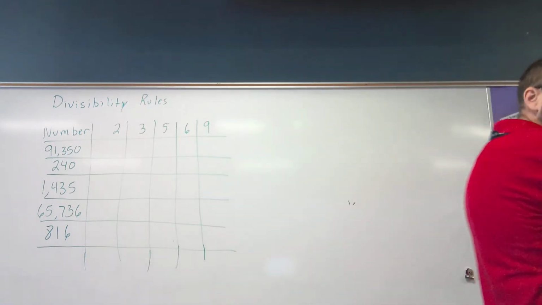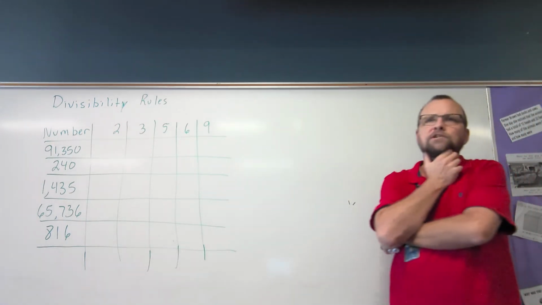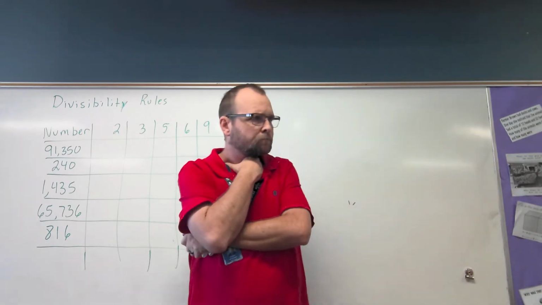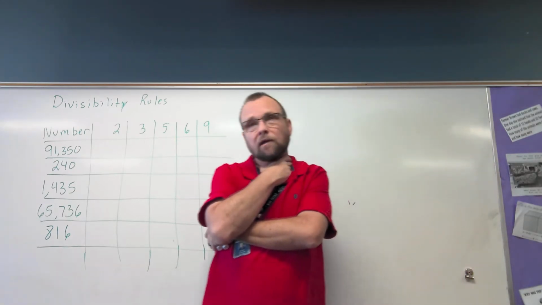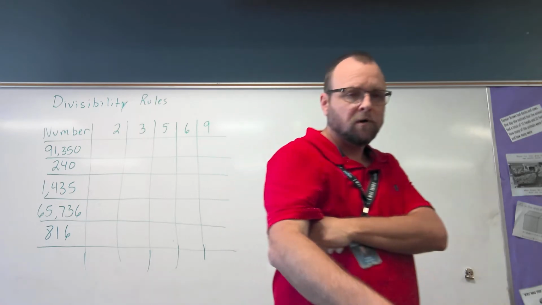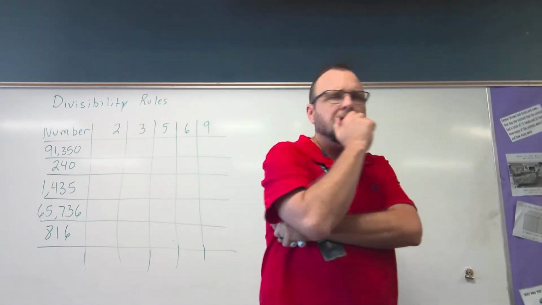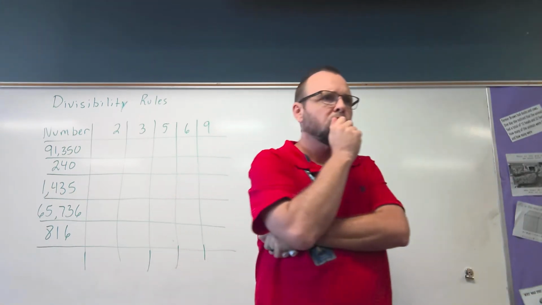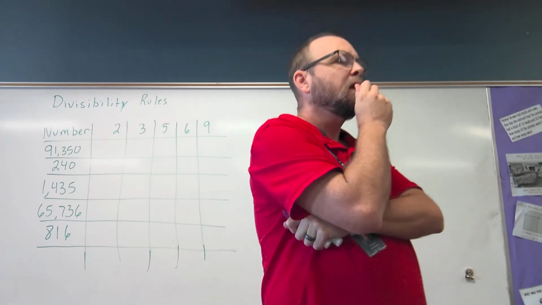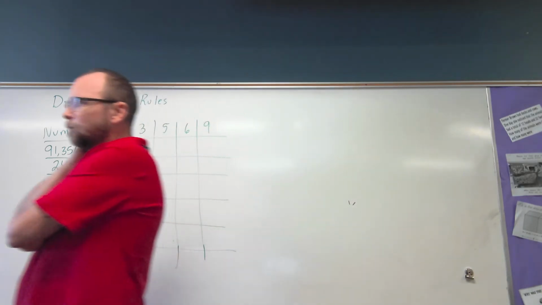Kaylee, can you expand on that a little bit? How I know if a number's even? It can divide into even parts. Okay, I can divide it into even parts. Caden, can you expand on that?